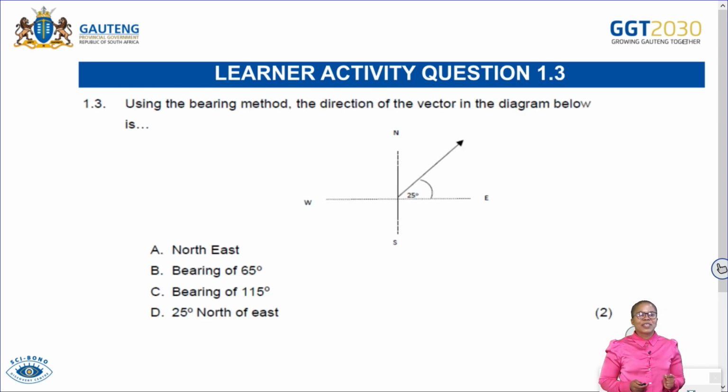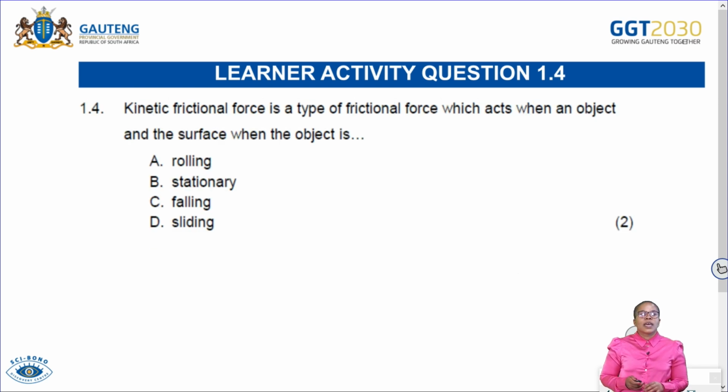Using the bearing method, the direction of the vector in the diagram below is, so you focus on the vector given to you and choose the correct answer. Remember that one is in the first quadrant, and also remember how we calculate the bearing, that north is your reference point. I'm sure this is very easy for you.